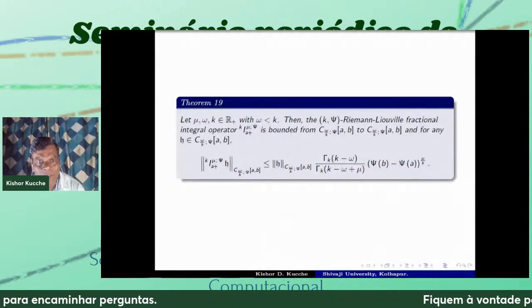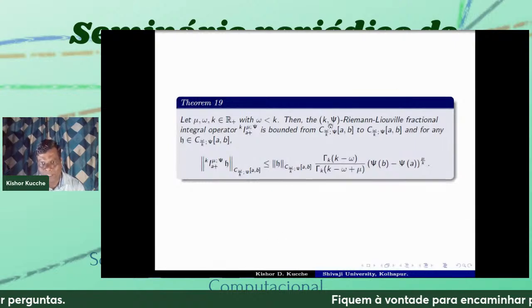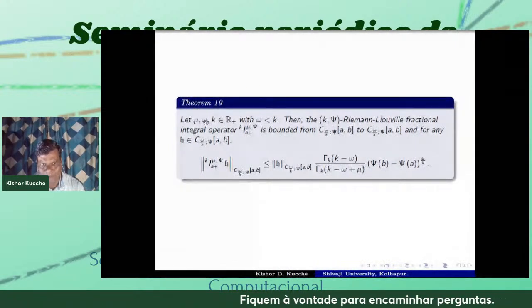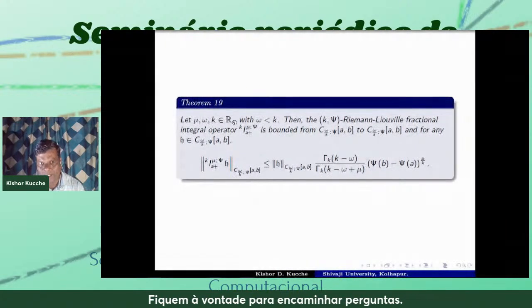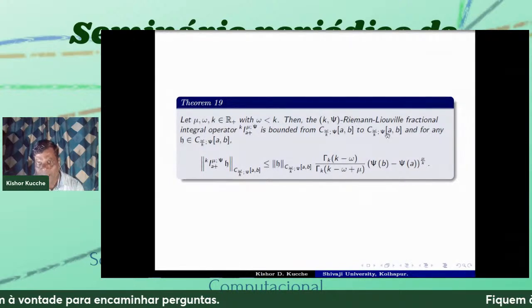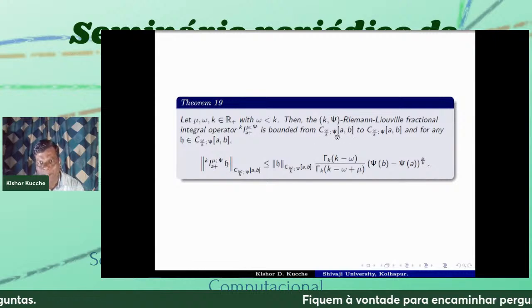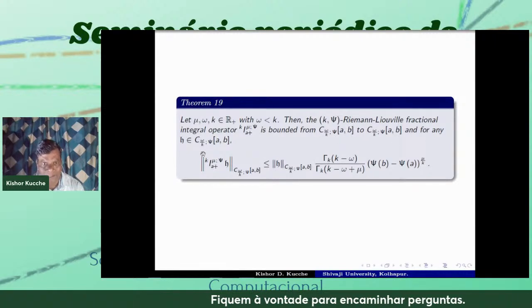This is the boundedness of the mapping from weighted space to weighted space. If again mu, omega, k are positive real numbers, omega is less than k, in this case the K-Psi Riemann-Liouville fractional integral is bounded from this weighted space to this weighted space, and it satisfies this boundedness condition.